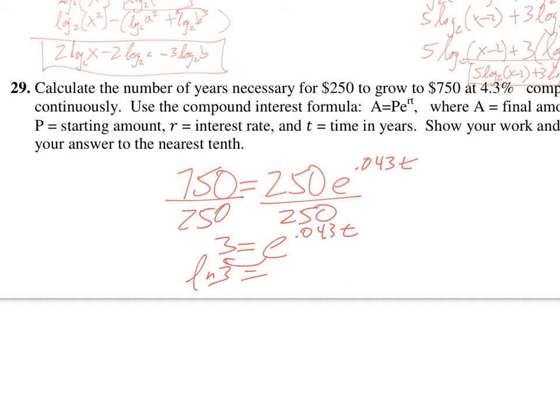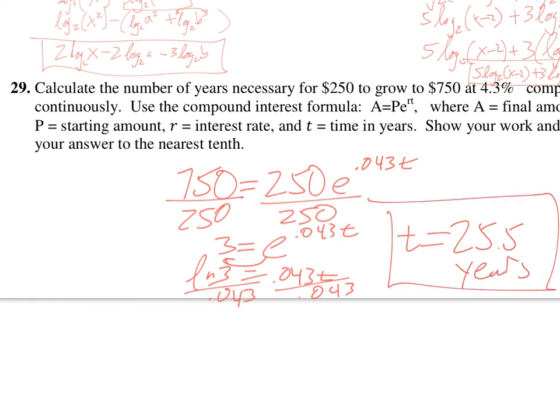Swing this e around to the bottom, it's base e, 0.043t. And now let's divide by 0.043 on both sides. And so time, I'm just going to calculate natural log of 3 divided by 0.043. And that gives us approximately 25.5 years.